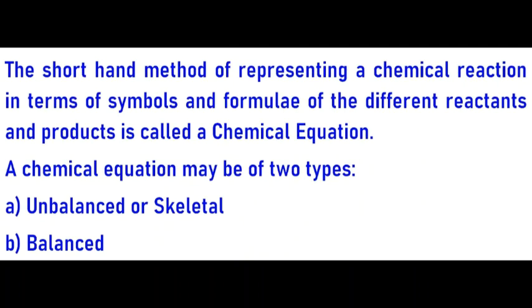The shorthand method of representing a chemical reaction in terms of symbols of the elements, and formulae of the compounds, and also the molecules of elements of the different reactants and products, is called a chemical equation. A chemical equation may be of two types: unbalanced, we also call it skeletal, and balanced.